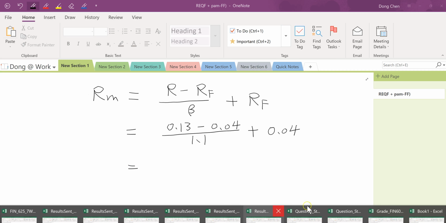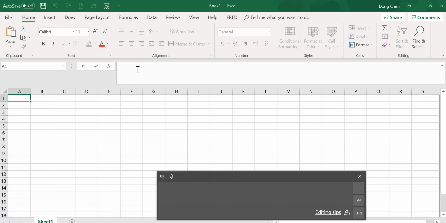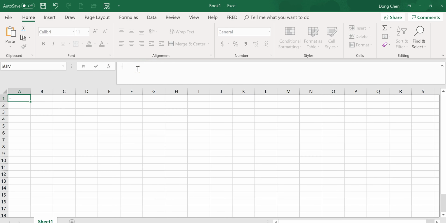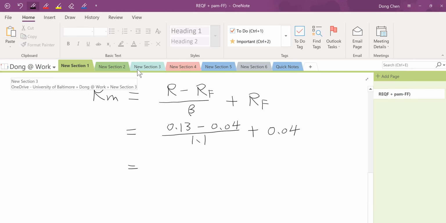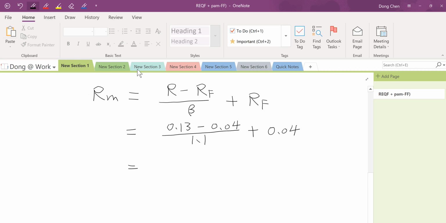Or I can use Excel. To use Excel, I can just type equals 0.13 minus 0.04, divided by 1.1, plus 0.04. Double check, just make sure. Back to the rounding requirement, that's a very important part of the work as well.